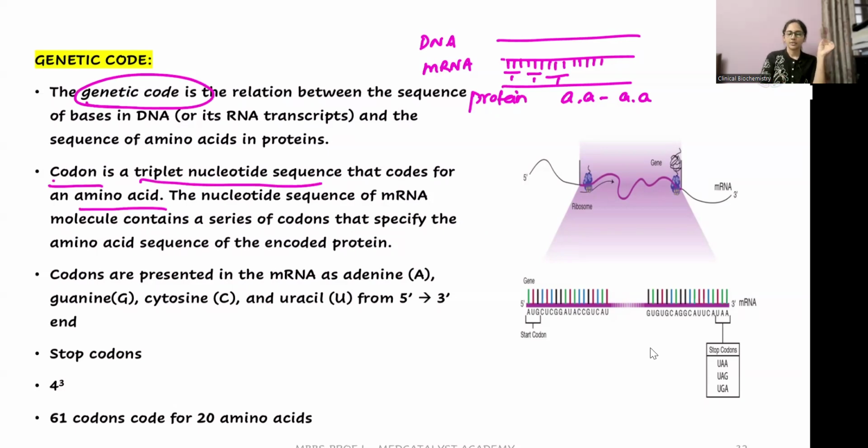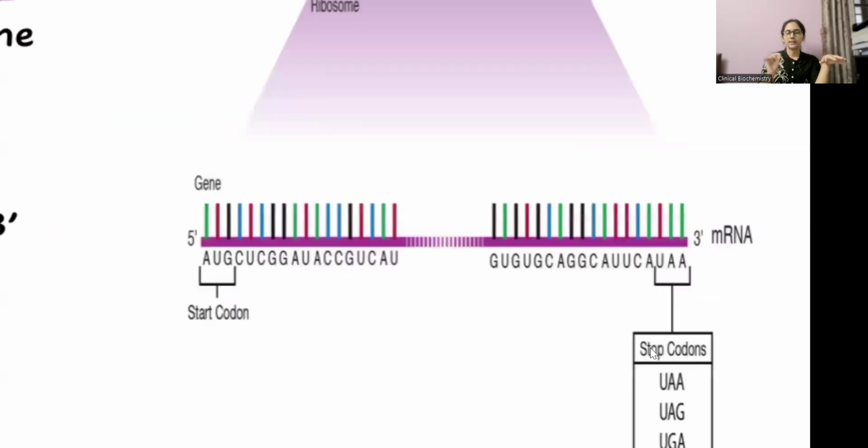The mRNA molecule will contain a series of codons, and each codon will code for specific amino acids, which get linked by peptide linkages to form a polypeptide.